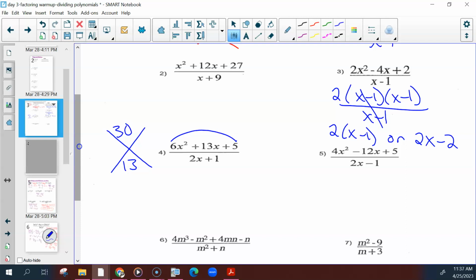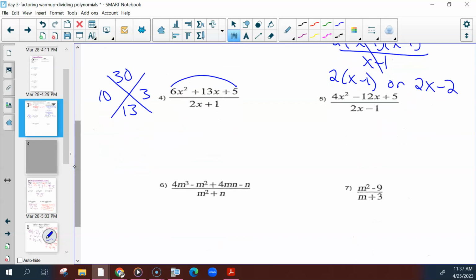You were thinking if one was negative. So 2 numbers that multiply to be 30 but add to be 13. And the 3 work. What's the next step? What do we do after we find those 2?